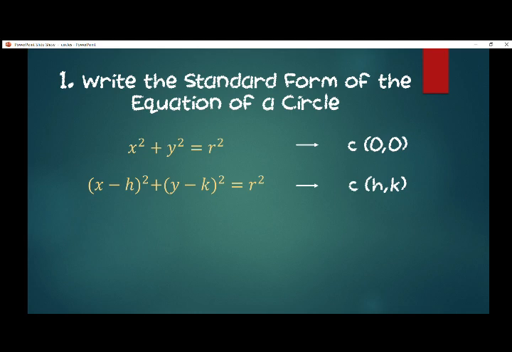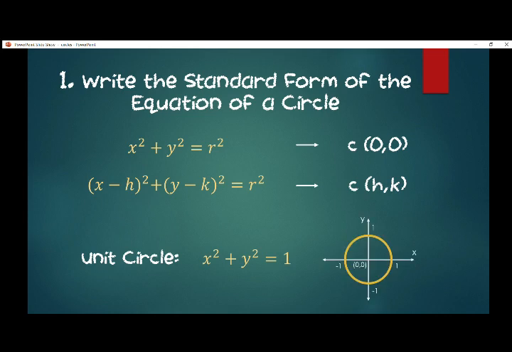And then, additional information, kapag may nakita tayong ganitong equation na x squared plus y squared is equal to 1, where the radius of the circle is 1 and the center is at the origin, ang tawag sa kanya ay unit circle.